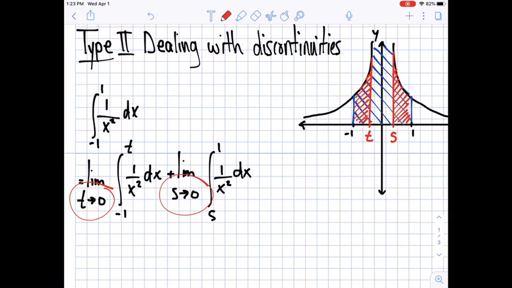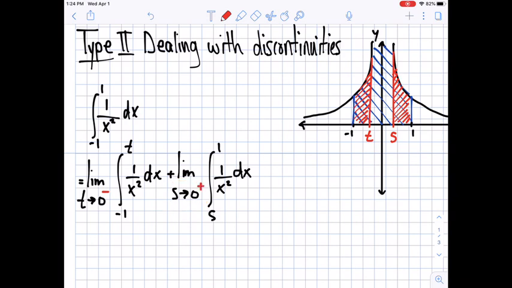When we take t approaching 0, it needs to be approaching 0 from the left. You can see that when we look at our illustration over here, t must be approaching 0 from the left. If t is to the right of 0, then we would have a discontinuity. So here, t is going to be approaching 0 from the left, and then s must be approaching 0 from the right.